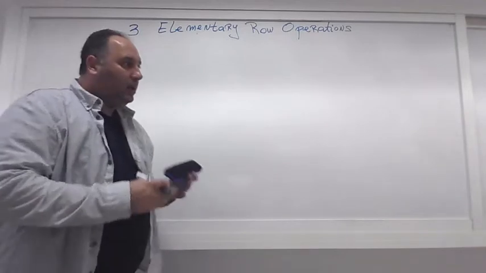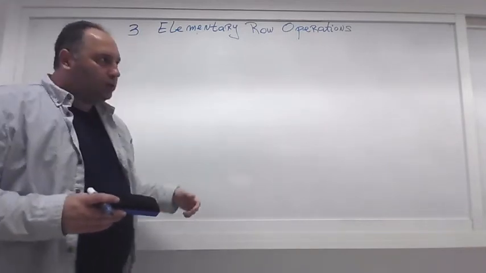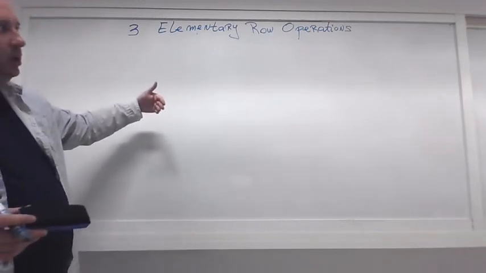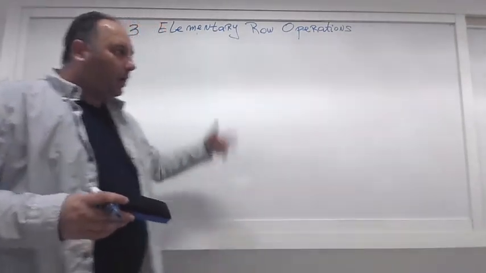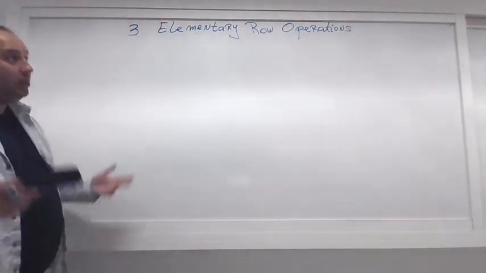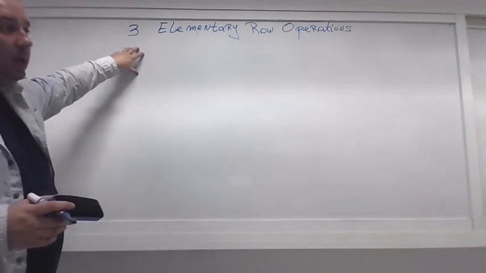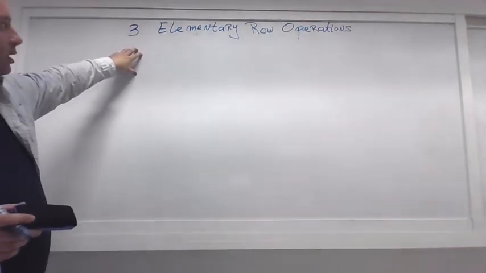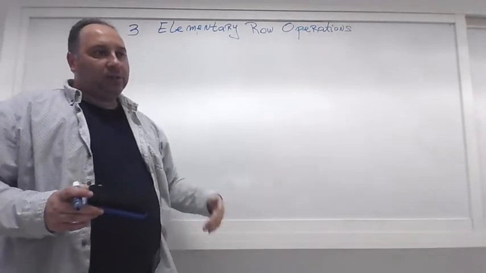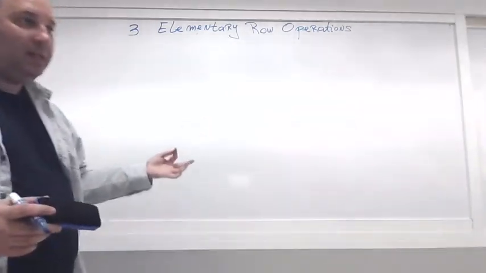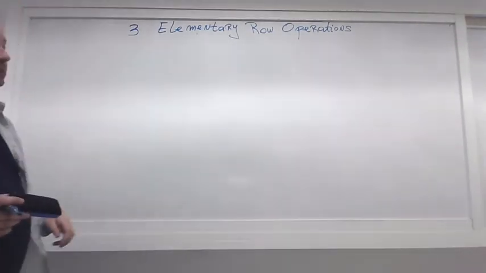The idea is that those operations will not change the solution set. So if your original system has no solution, when you apply these elementary operations, the system that you get at the end will still not have a solution. If your system from the beginning has one unique solution, by applying these elementary operations, at the end of the process your system will have exactly one solution and it will be exactly the same as the solution for the original system.